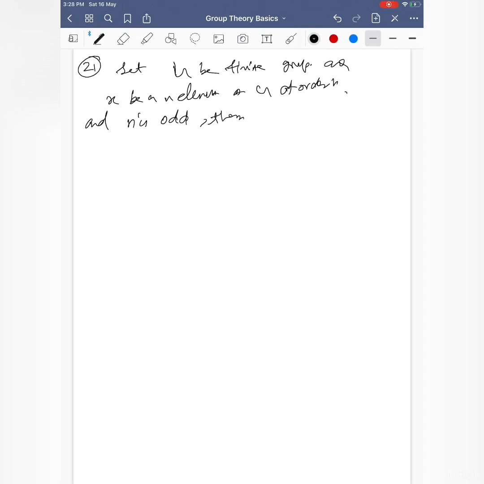Then prove that x equals x squared power k for some k greater than or equal to 1.